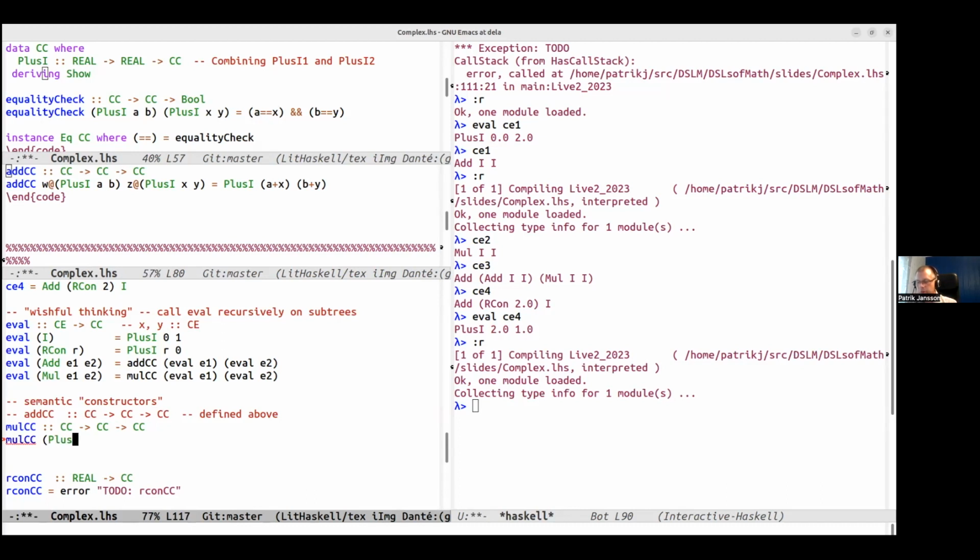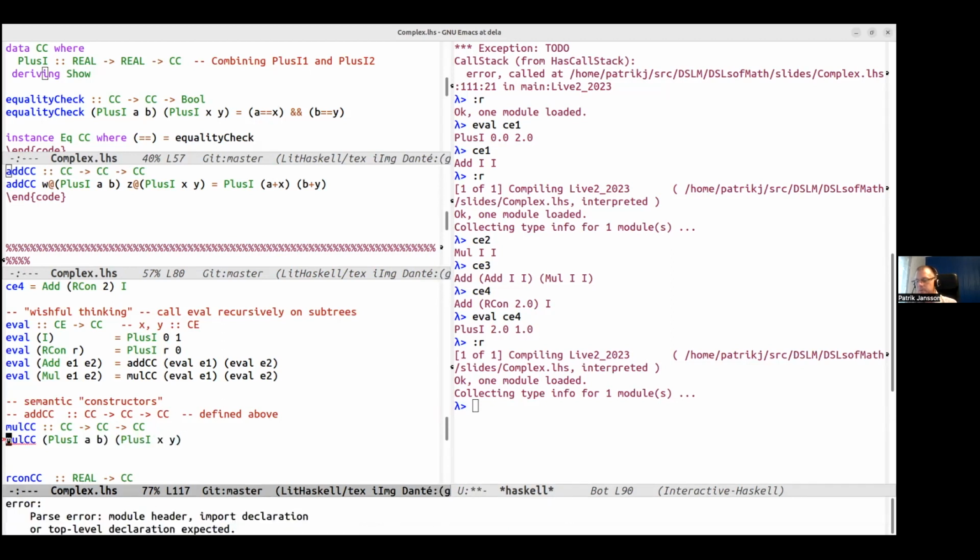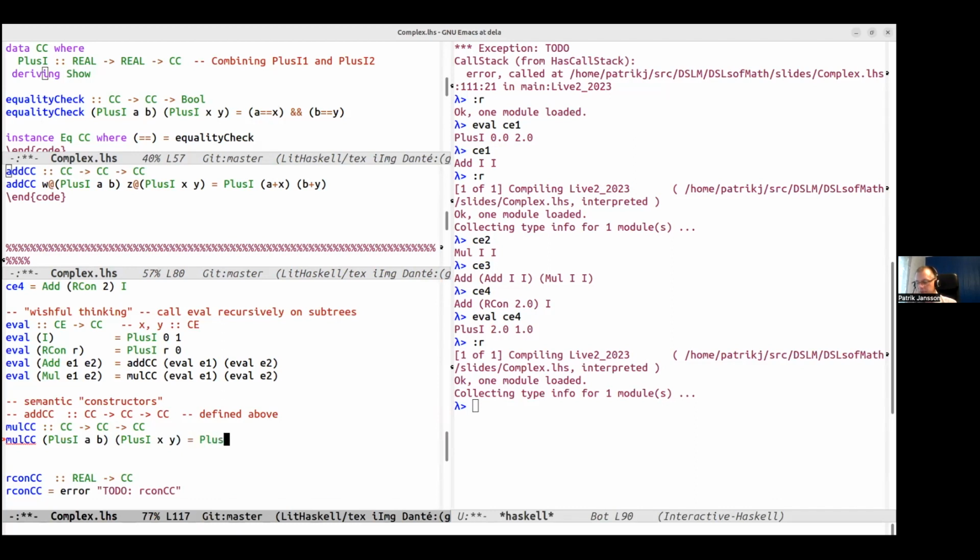So they are both of the form plus I, say A, B, and plus I, X, Y. And then we have to write plus I something real and something imaginary. And we can locally define the real part and the imaginary part. And if we manage to find definitions here, then the evaluator will recursively do the right thing.